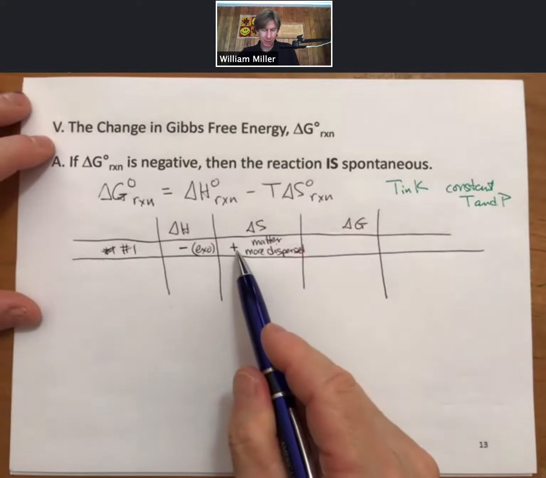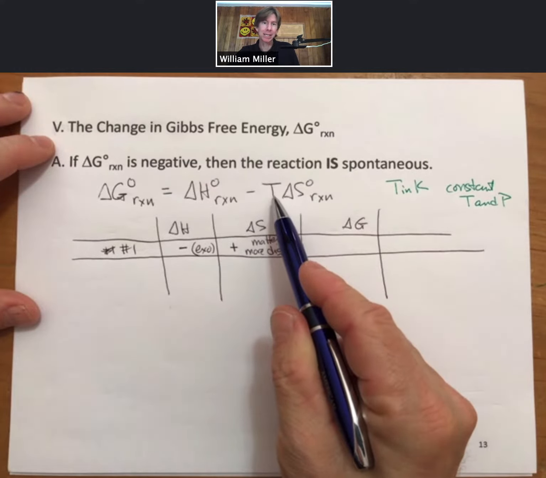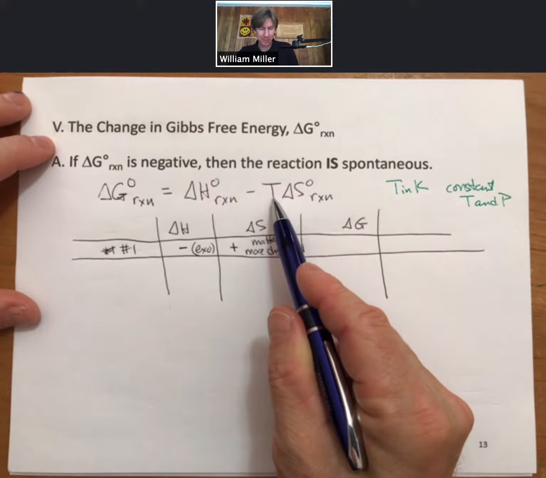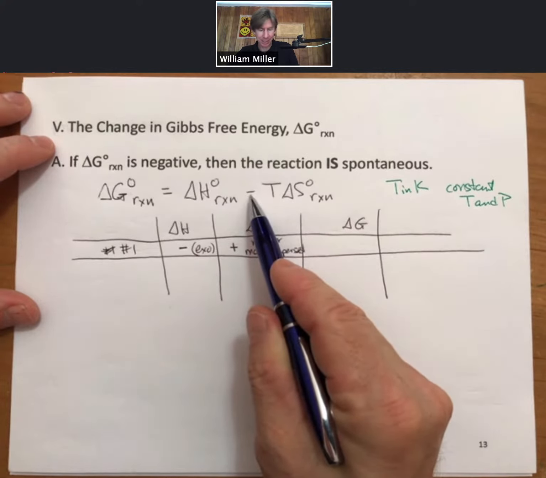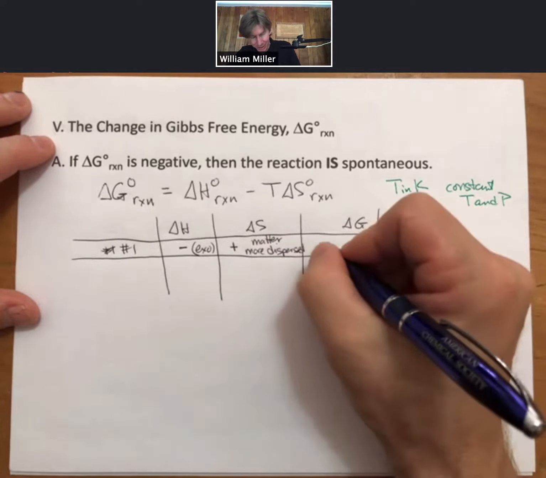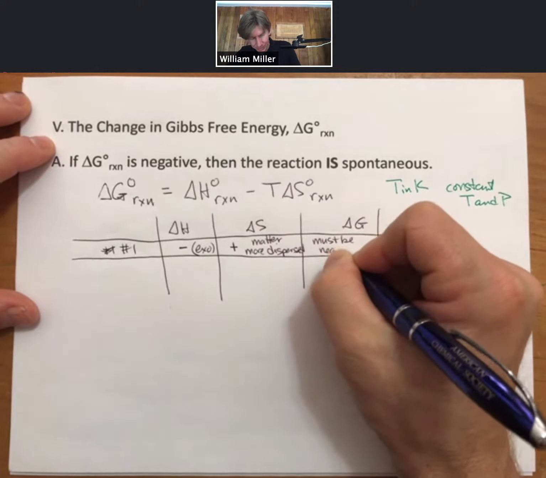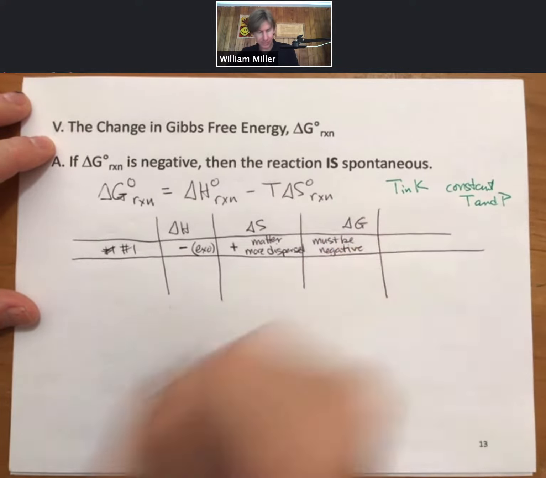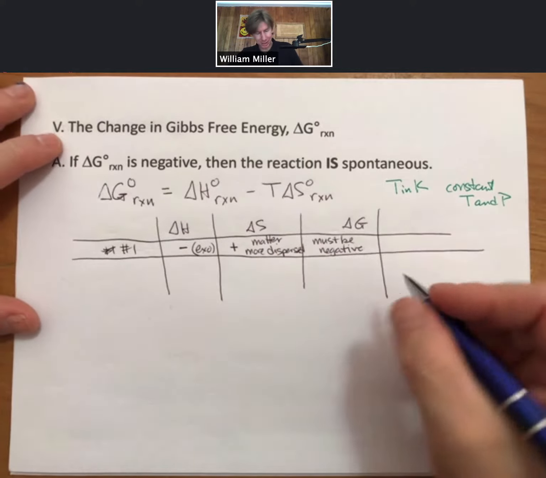And so the plus for delta S, since T is in Kelvin, T is always positive. Positive times a positive is always positive. Put in the minus sign. This whole term becomes negative, and delta G must be negative. And if delta G must be negative, that means that the reaction is spontaneous.